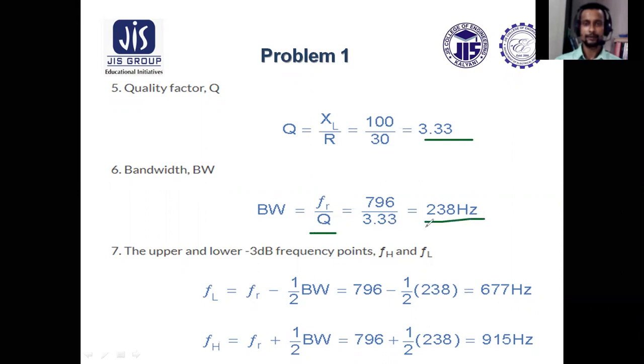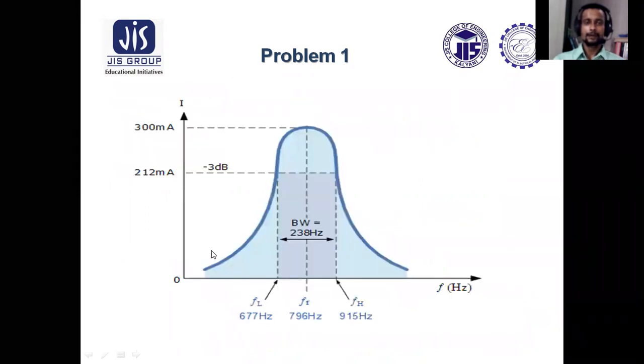So this is bandwidth. Now FL and FH are this, all these formulas we have derived. So this is the current waveform in which this is the maximum current at resonance.